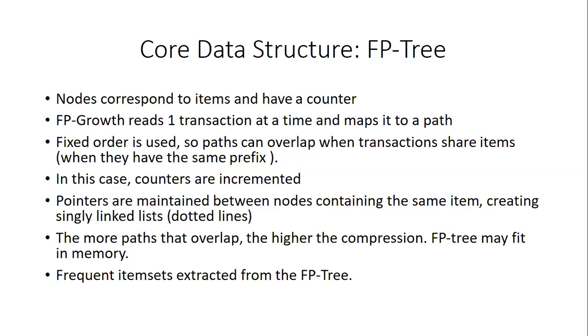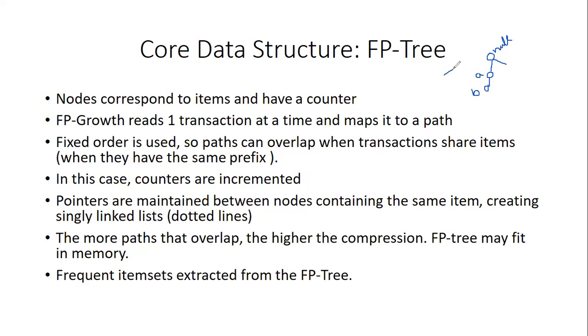I'll show you how. Suppose I start with the root node. The FP tree always has a root node, which is represented as null. Suppose there is a node which corresponds to an item, an item called A, and another item called B. That means A and B are purchased in the first transaction.